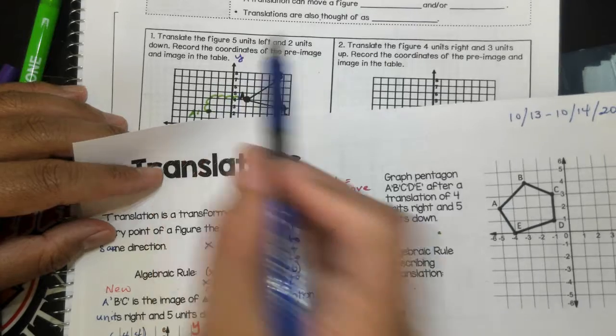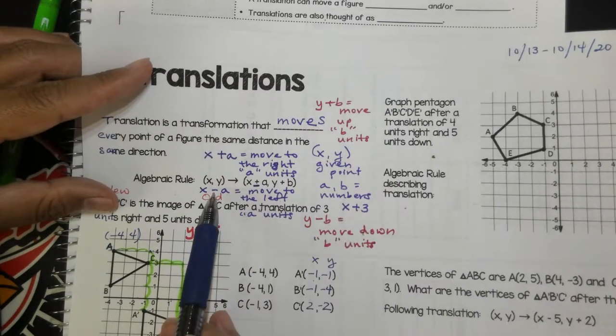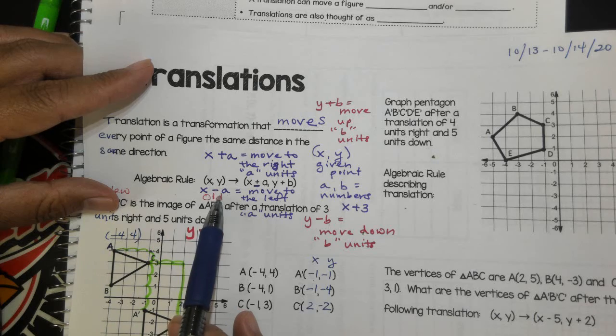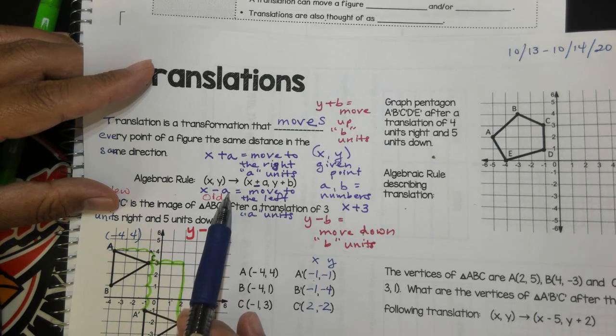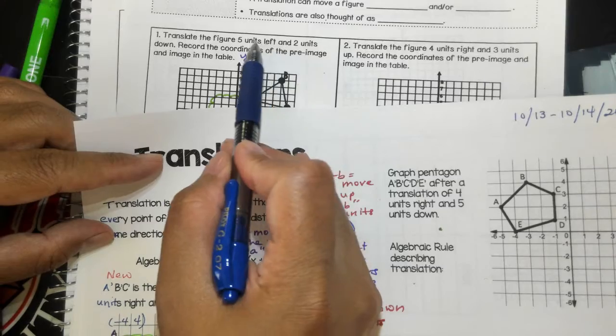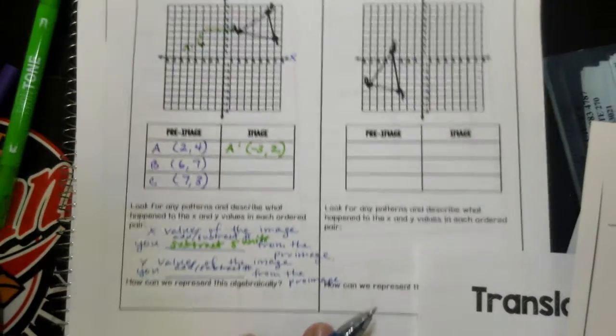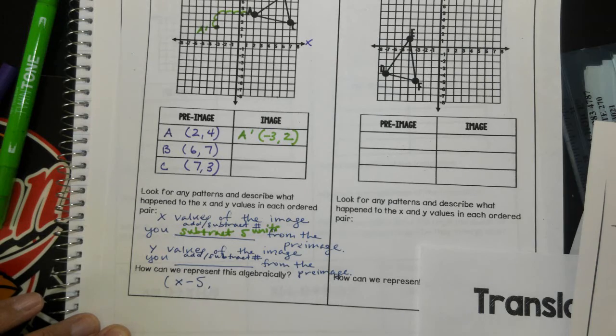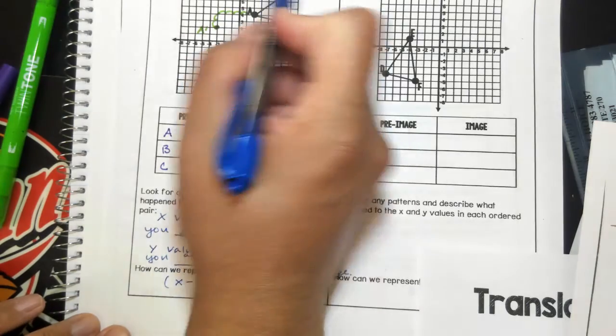So it says 5 units to the left. You know, look here, move to the left, you're going to use this notation: x minus whatever it's moving by. So 5 units to the left will be x minus 5.